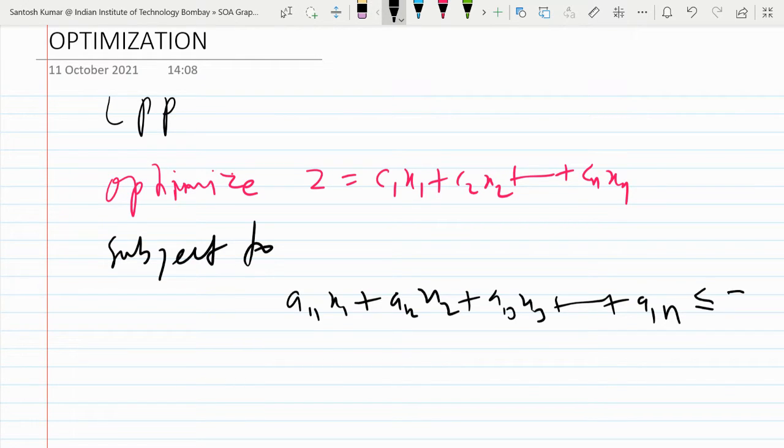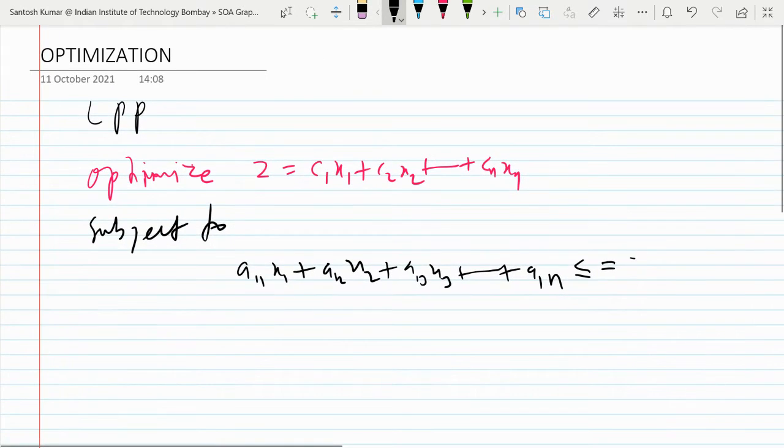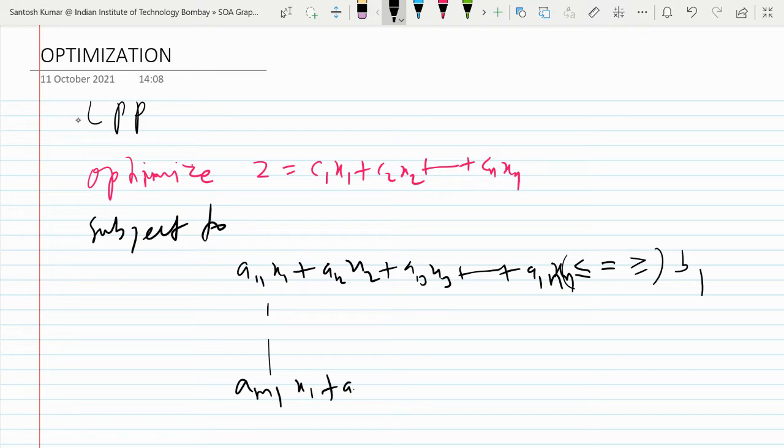This may be less than or equal to, or equal to, or more than or equal to b1. Similarly, if you have m equations, am1 x1 plus am2 x2 plus am3 x3 and so on, at last amn xn, and it may be less than or equal to or more than or equal to bm.